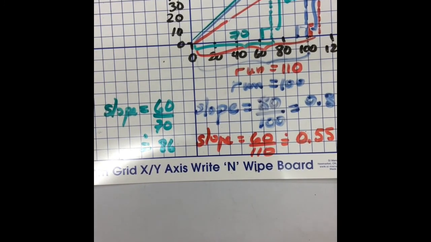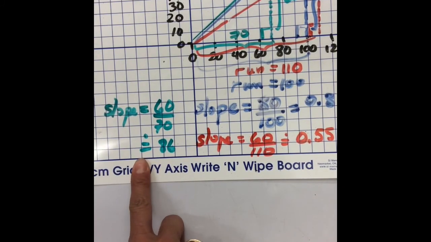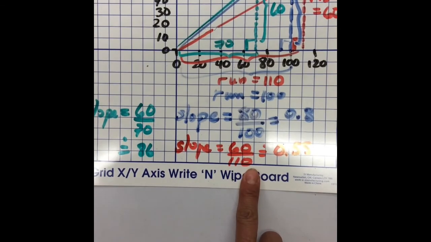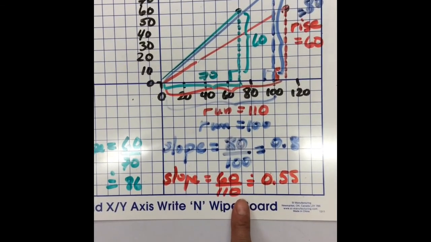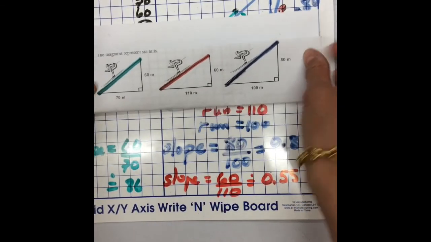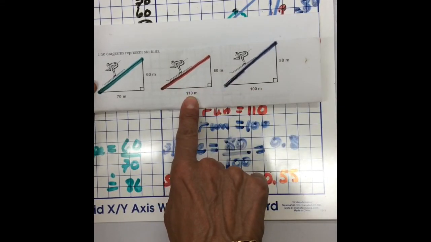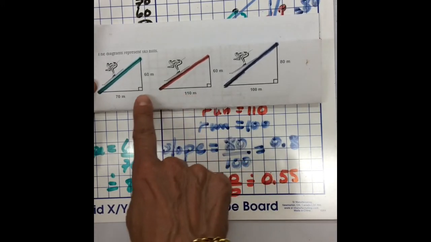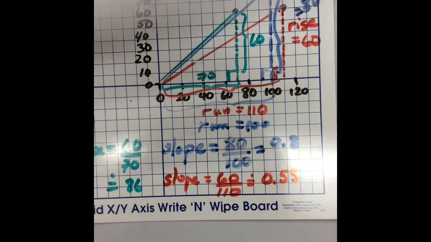And therefore, looking at these three, the steepest is the green one, and the less steep is the red one. And so if you're a good friend, you would have taken your friend on this ski hill to begin. And then once you got really good, I guess the very last one would be that one.